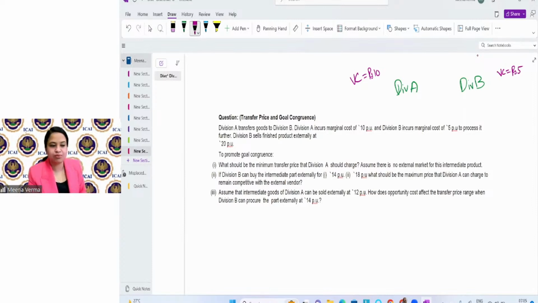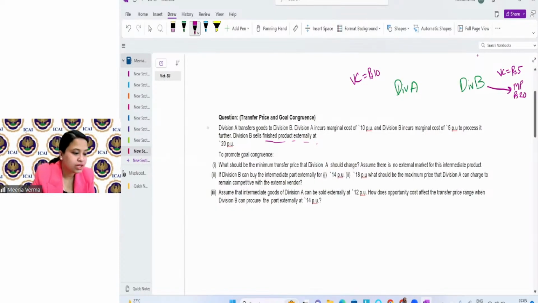Then, to process it further, Division B sells the finished product externally at rupees 20. B has the option to sell its product in the outside market, and the market price is rupees 20.